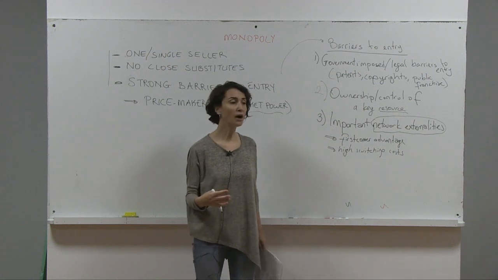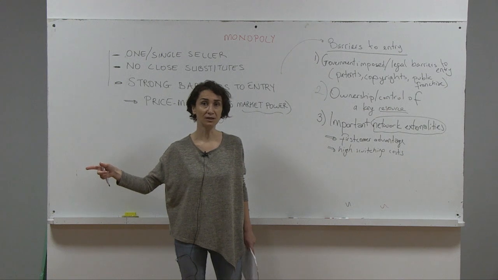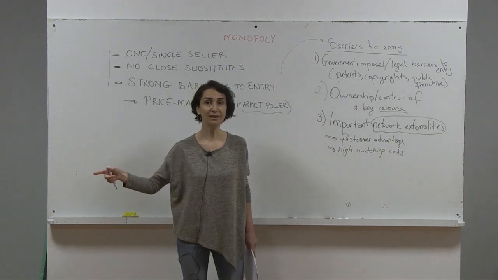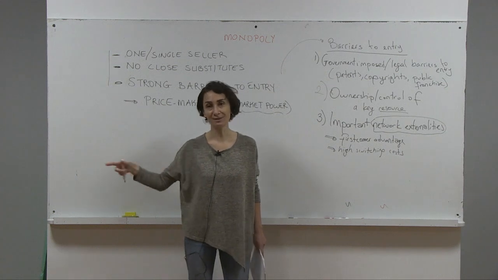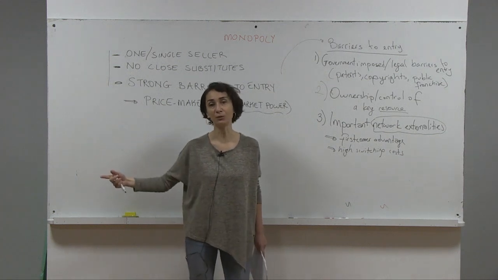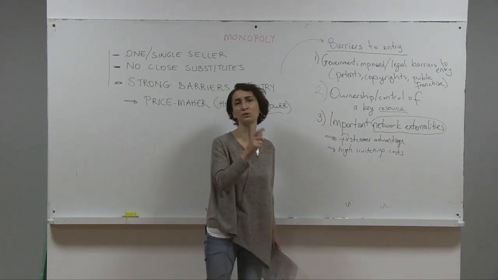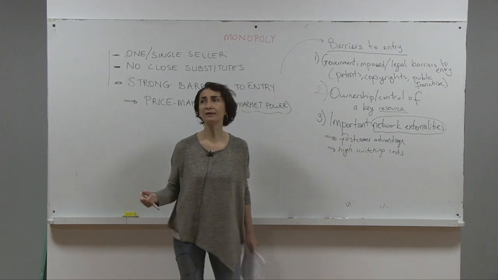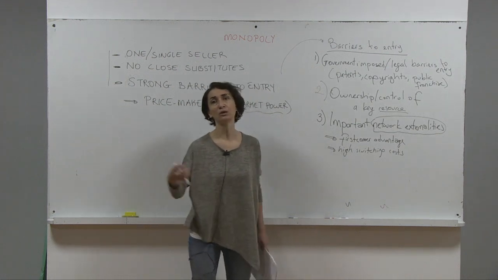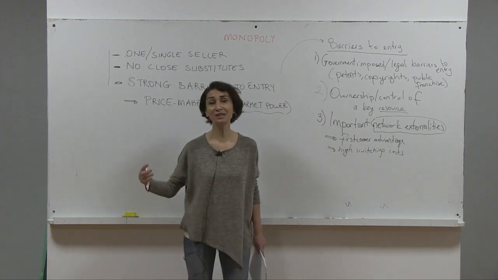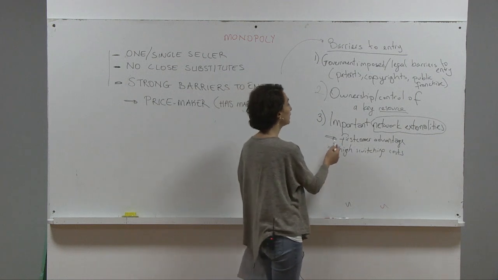So I might be inclined to switch to one of those alternatives. But here's the thing, switching to another platform is too costly for me because I have all those friends on Facebook. I might need to persuade them to switch with me, which is difficult. So there are high switching costs.